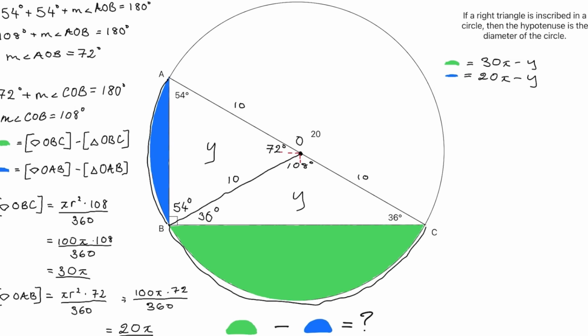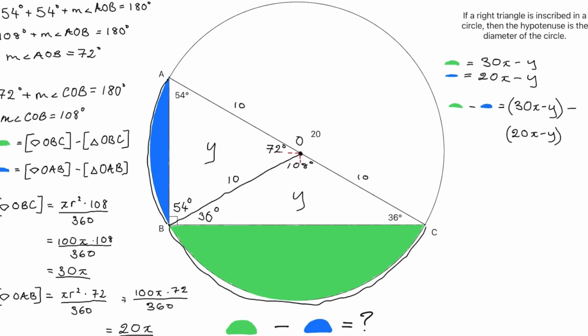Well, let's compute that. The green region minus the blue region is going to be equal to 30 pi minus y minus, in brackets, 20 pi minus y.